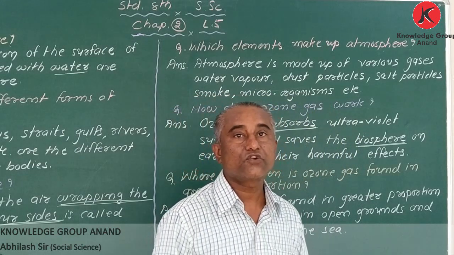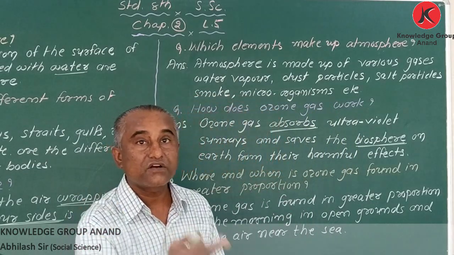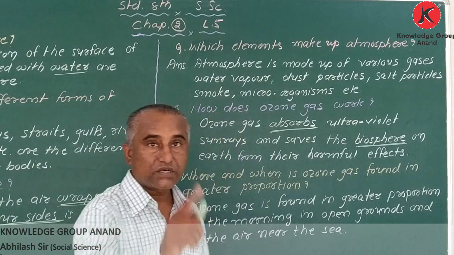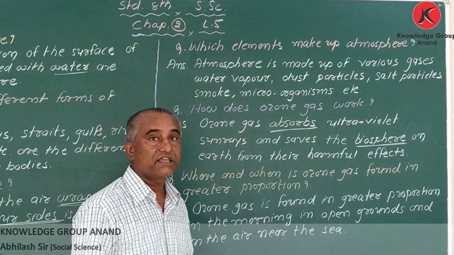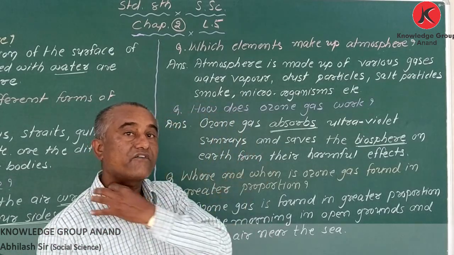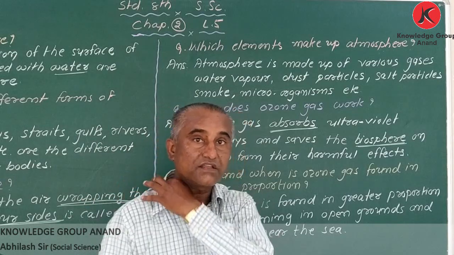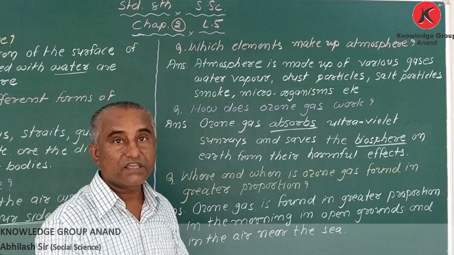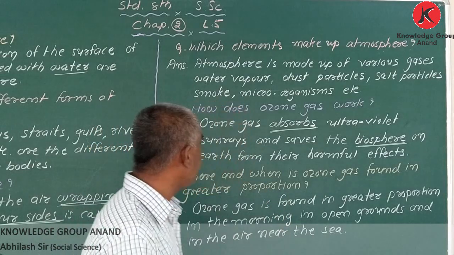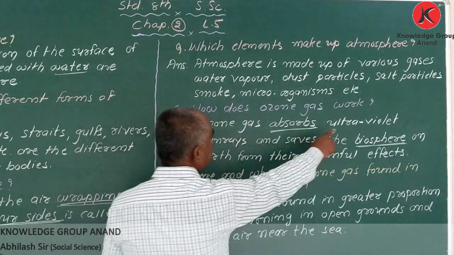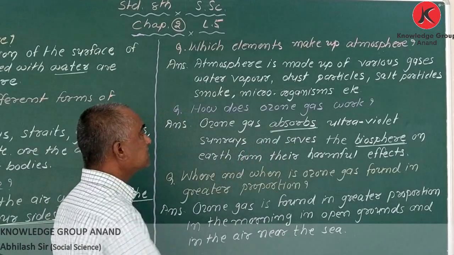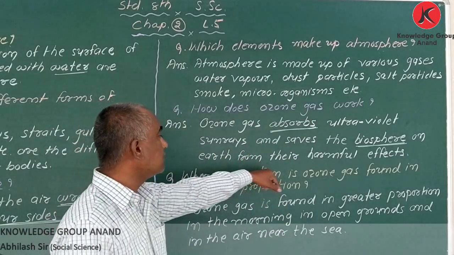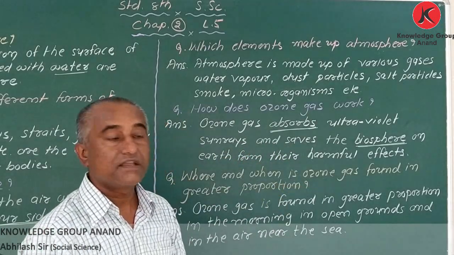But nowadays, instead of growing trees, we are cutting trees. So what is the work of ozone gas? It absorbs the ultraviolet sun rays and saves the earth from its severe heat. So ozone gas absorbs ultraviolet sun rays and saves the biosphere on earth from their harmful effects.